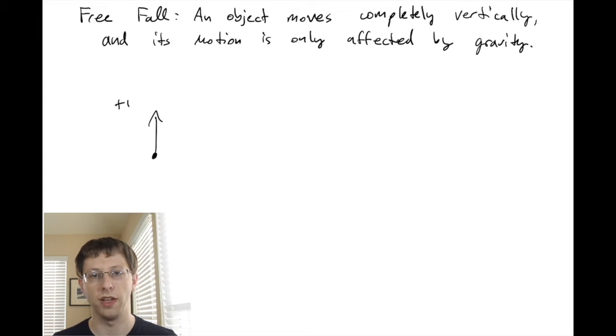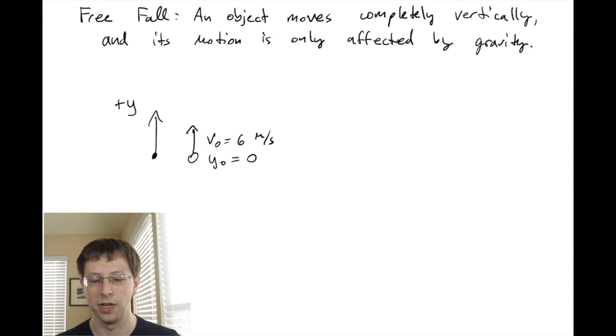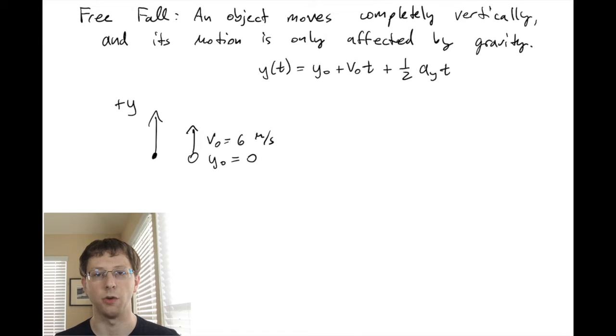So if we want to calculate the position of an object over time that's been thrown straight up, then we would use the position equation. In this case, since it has constant acceleration, we can use the algebraic form. We don't have to use the calculus that we learned about. So the position y of t is equal to the initial y position plus the initial velocity times t plus 1/2 times the acceleration in the y direction times t squared.